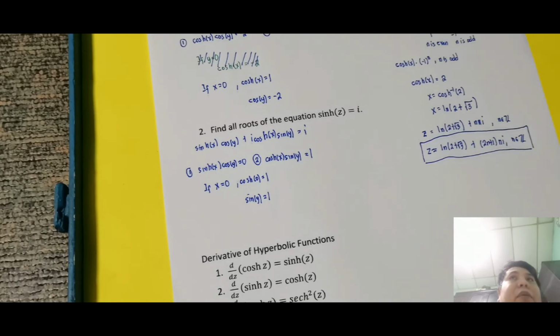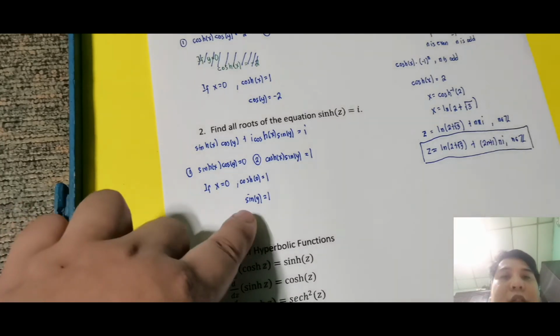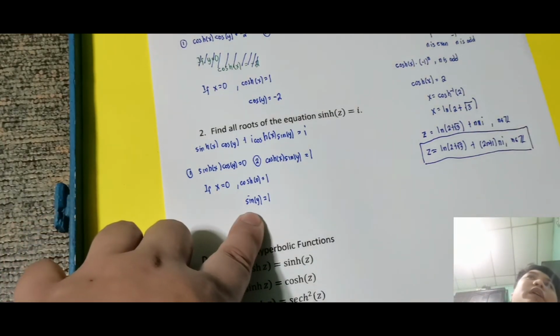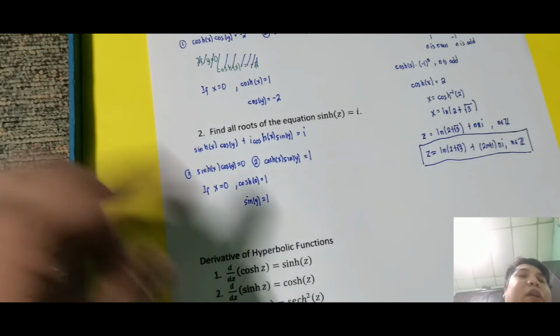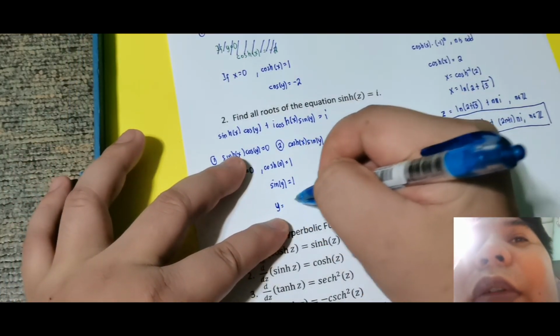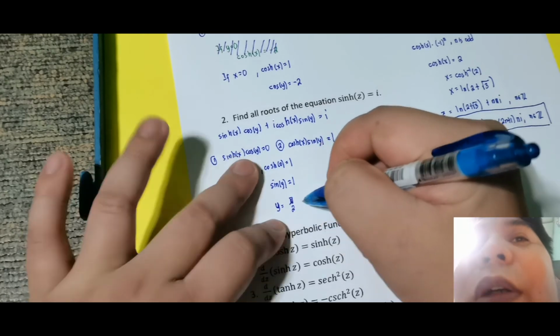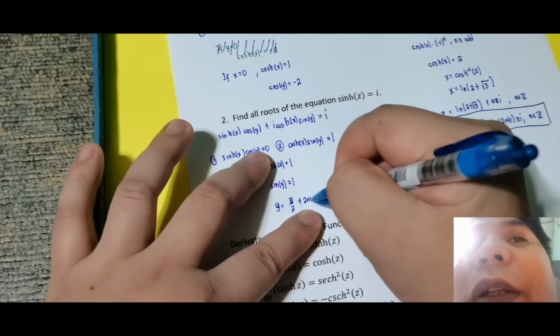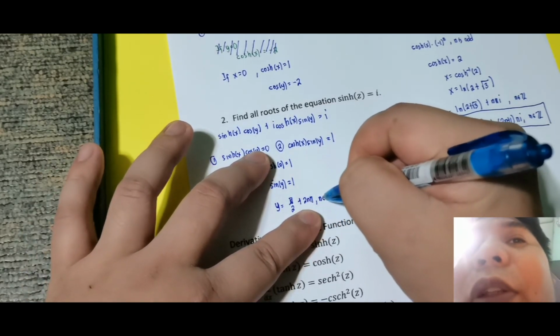Pero hindi lang basta 90 degrees. Marami. Pwedeng 90 plus 360, that is 450, plus another 360. So parang coterminal. Yung y dito is equal to pi over 2 plus 2n pi, for n element of integers.